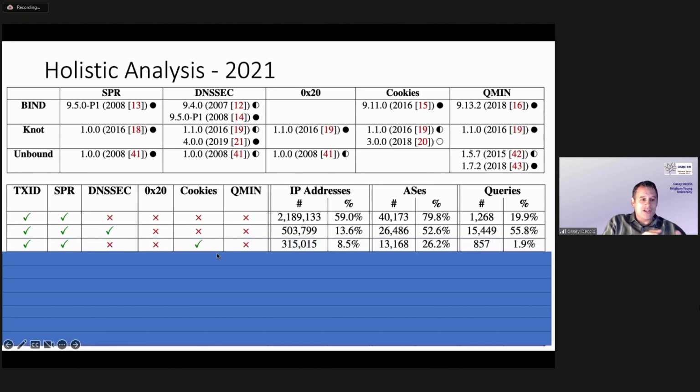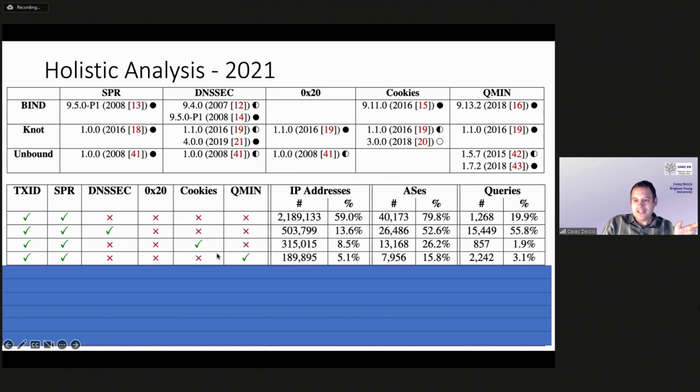Then we take away DNS-OARC validation and add support for DNS cookies, and we get about 8.5%. By the way, what I haven't done is refer back to this list of support up at the top, meaning trying to map these characteristics to the implementations. So far, none of these actually map to what we'd expect for the implementations above. In other words, we're not seeing the fingerprints of resolvers that we might expect to see.